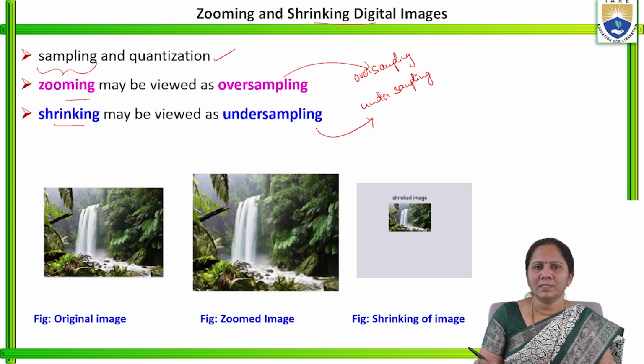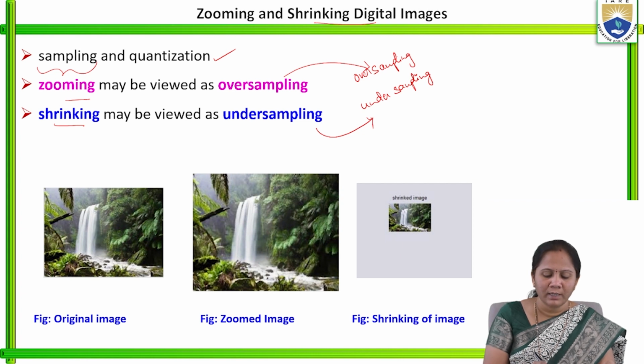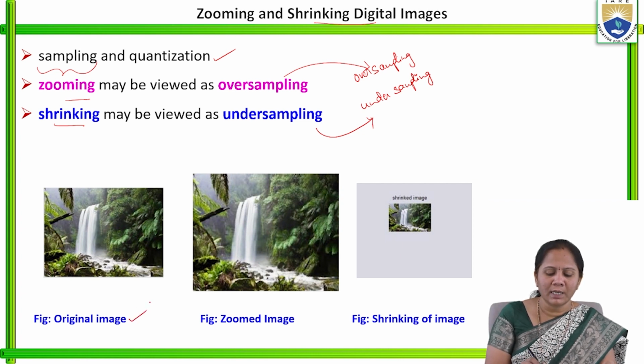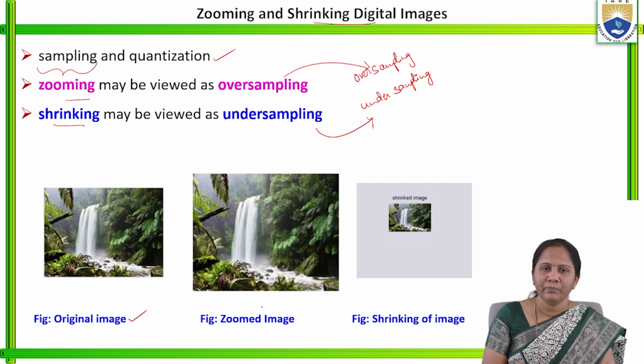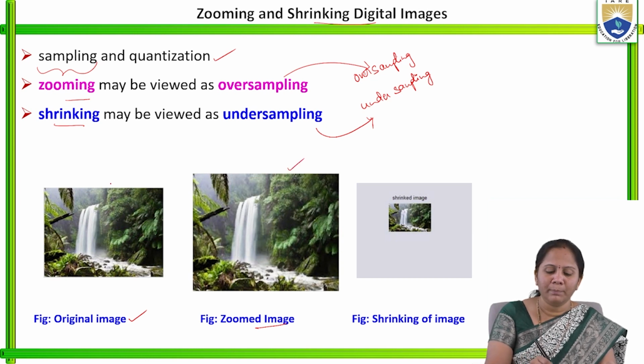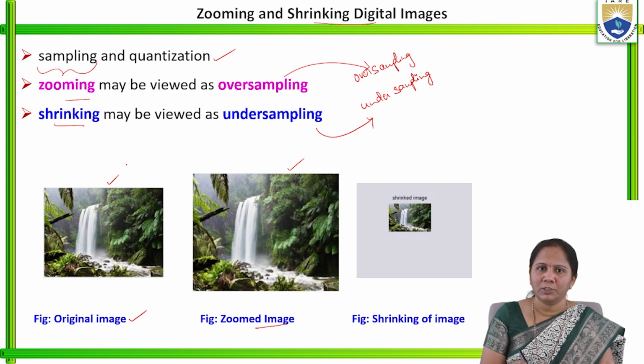To clearly understand zooming and shrinking, I have given different pictures. This is considered the original image. If you apply the zooming concept on this original image, you will get a zoomed image, meaning the size of the image will be increased compared to the original.